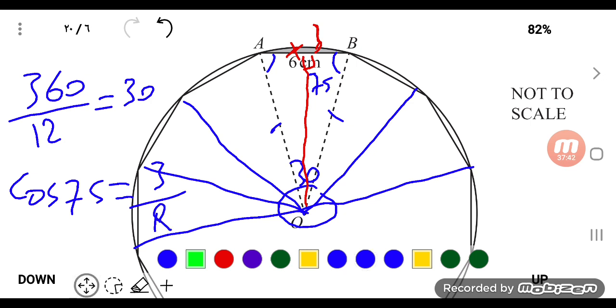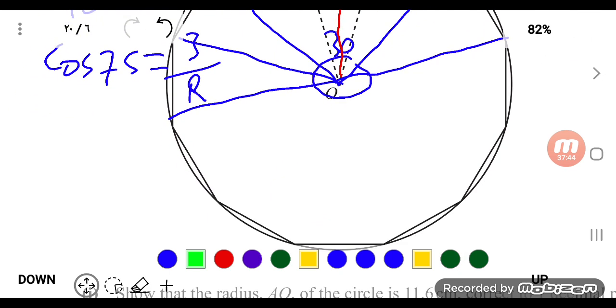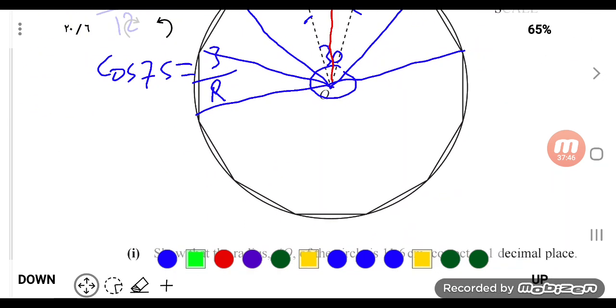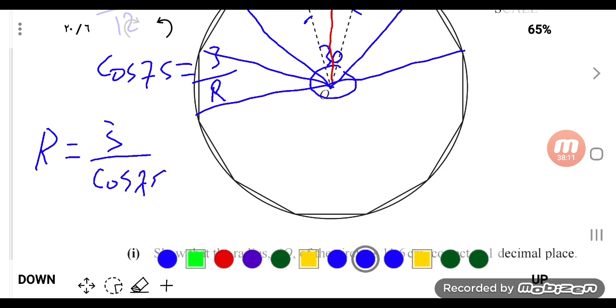Now if you cross multiply, and rearrange this equation, R is equal to 3 divided by cosine 75.